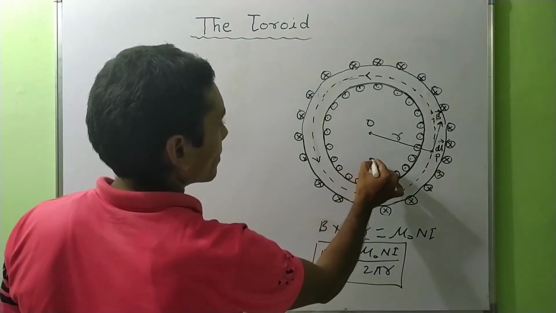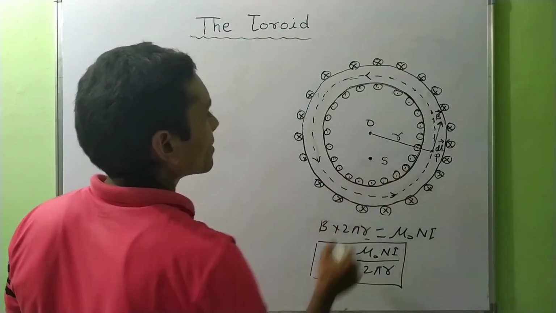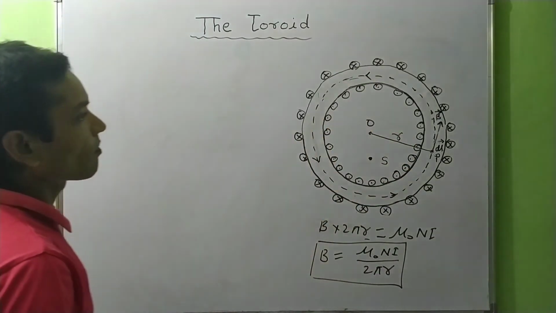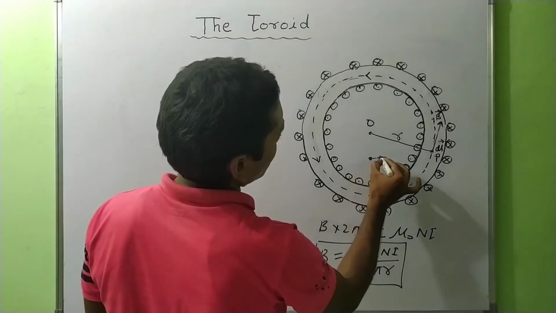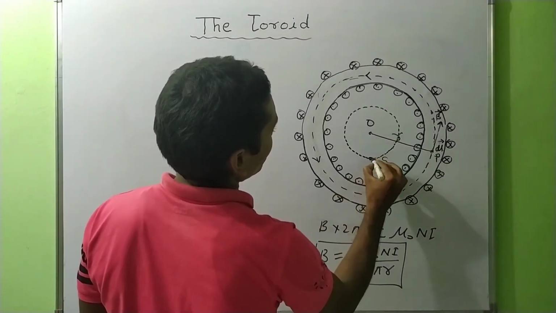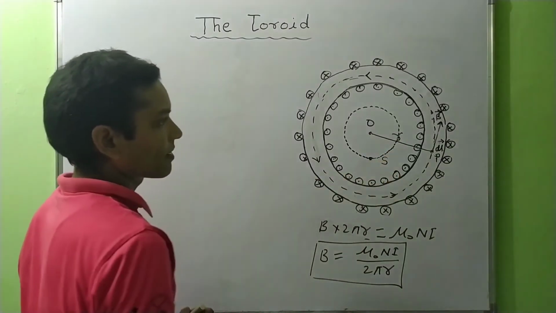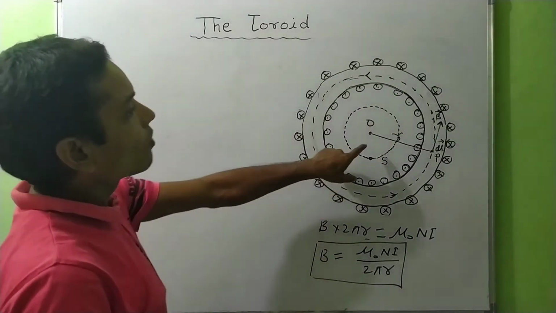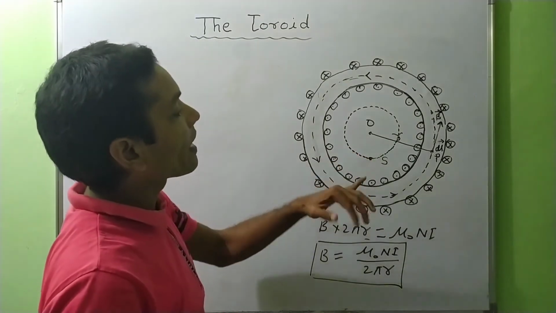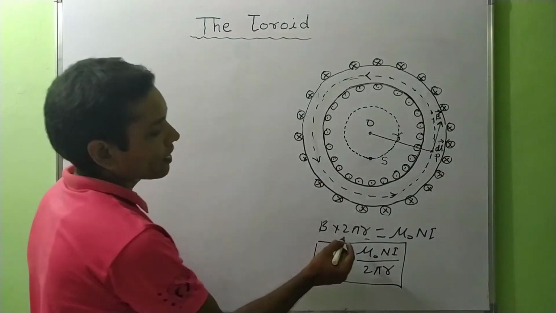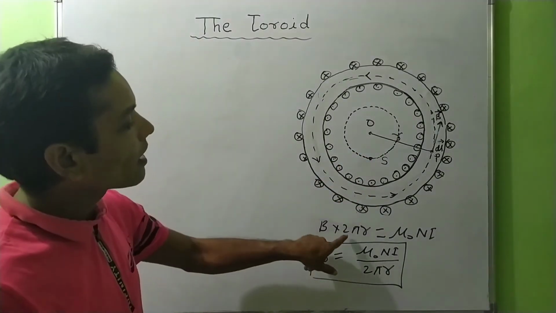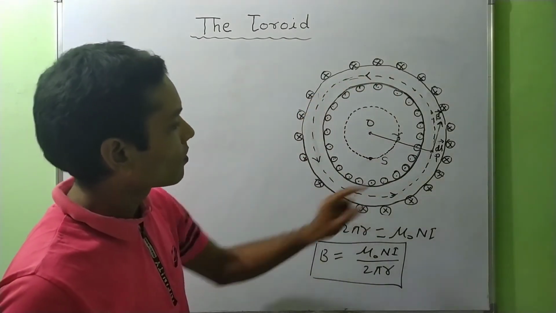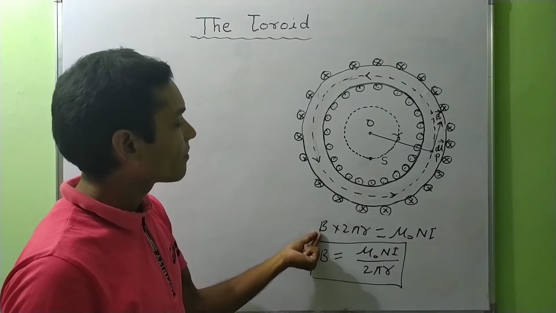Let point S be in the interior space of this toroid. Then draw the circular loop passing through this point S. This circular loop is called the Amperian loop. Here in this equation, 2 pi r is the total length of this Amperian loop, and this is the magnetic field.